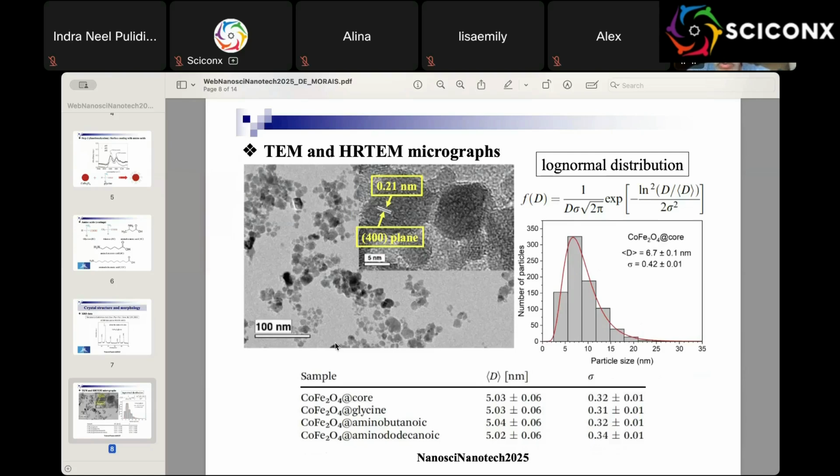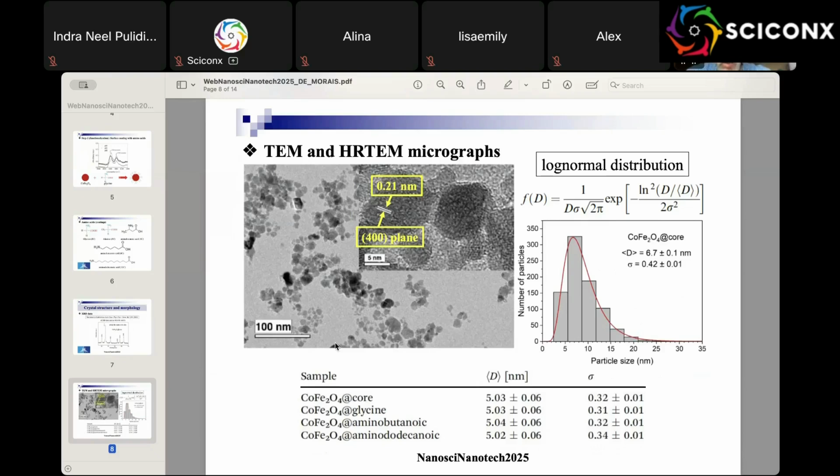The vertical columns are the experimental data, and the distribution was curve fitted using the log normal distribution, you can see the expression. And then you can extract the mean size, which is about 6.7 nanometers, and the size dispersity, about 0.42.